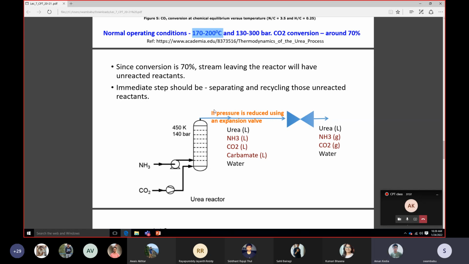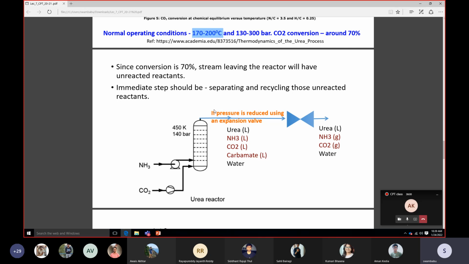These two, CSTR and PFR, are used for what type of reactions? Non-catalytic reactions, right? Simple CSTR and simple PFR are used for non-catalytic reactions.